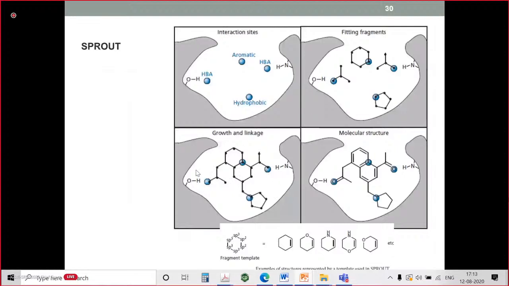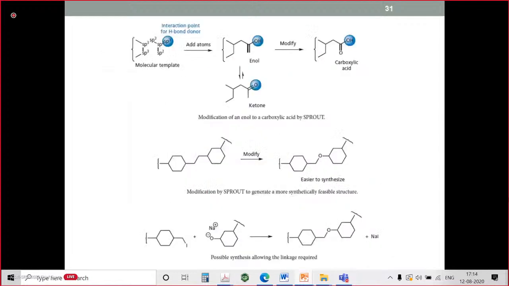Somewhere these are specified, like here for the hydrogen bond acceptor atoms. Okay, here for hydrophobic interaction, and on another side where you again have the hydrogen bond acceptor. So at last these are converted into the structural molecule by joining the dots. And these dots are joined based on the distance between one and another possible atoms.